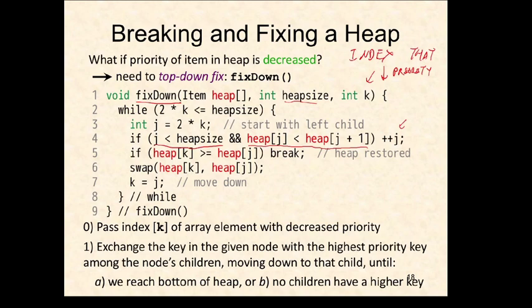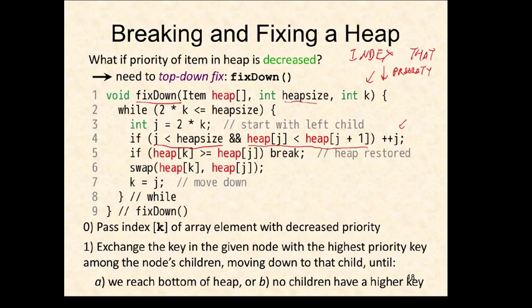If you have no right child, this if does nothing, and j is the left child. If we have a right child and it's not bigger than the left child, we leave j alone, we're still at the left child. So after line 4 is done, we know j is the index of the larger child.